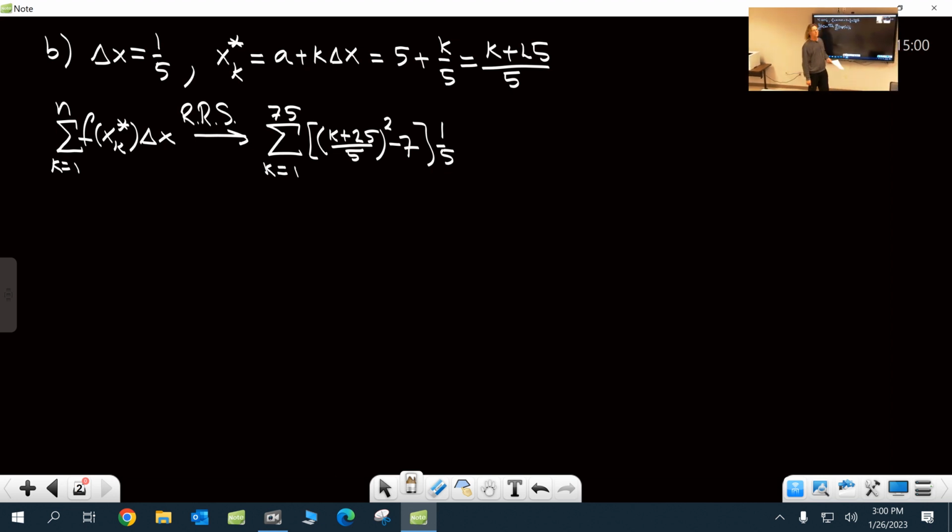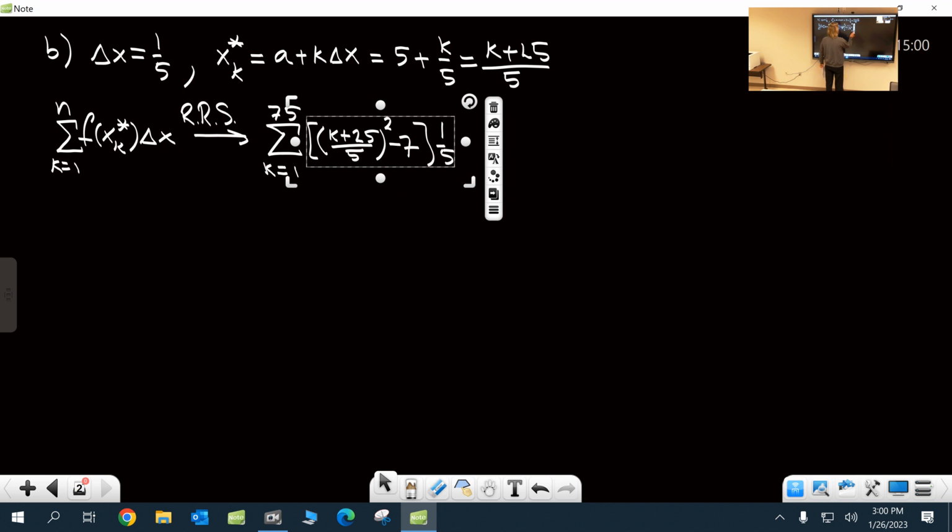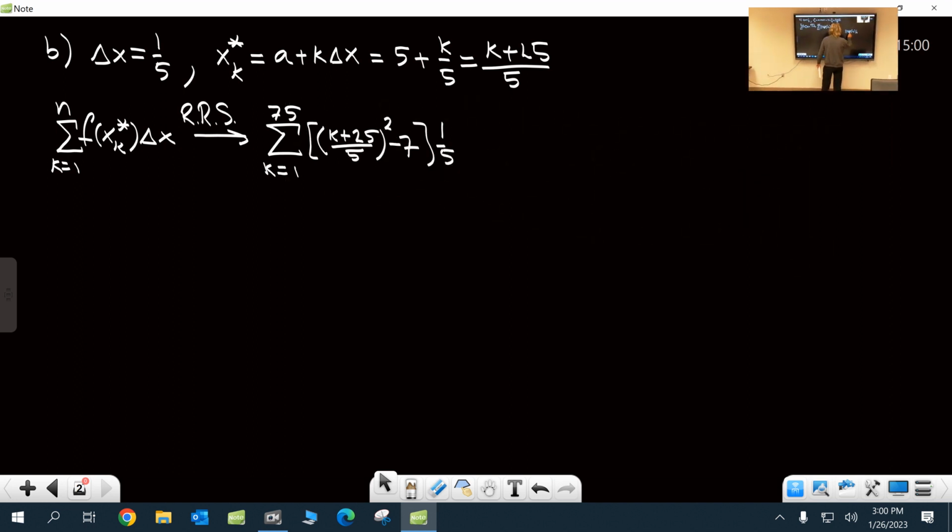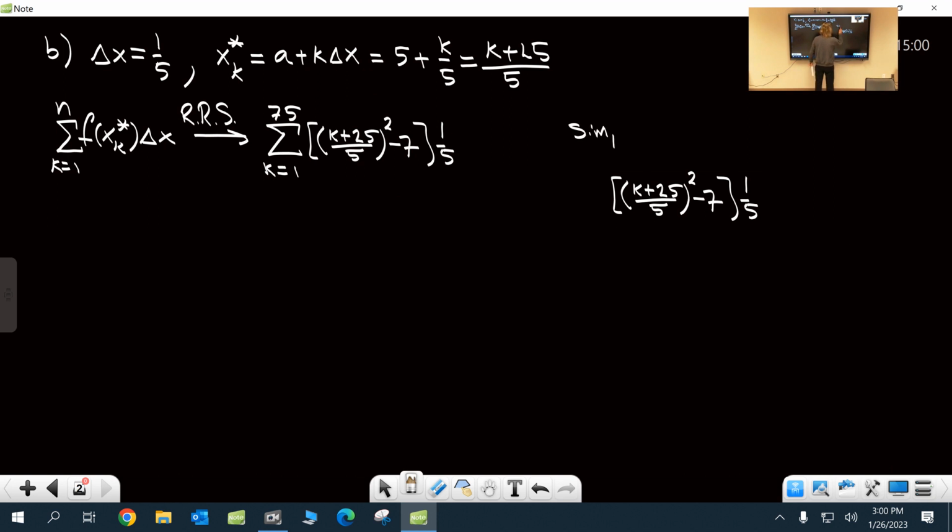And now, just like before, we're going to take this expression and simplify it. So I'm going to copy it again, and I like to do it on the right-hand side. We're going to multiply out the numerator, which is over 25. So we get k squared plus 50k plus 625 over 25.